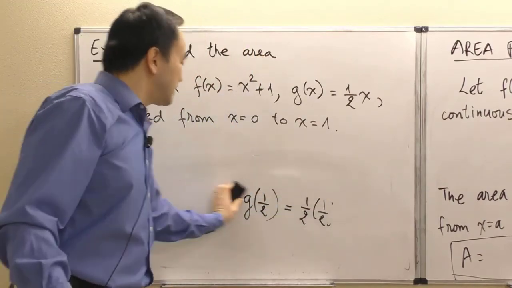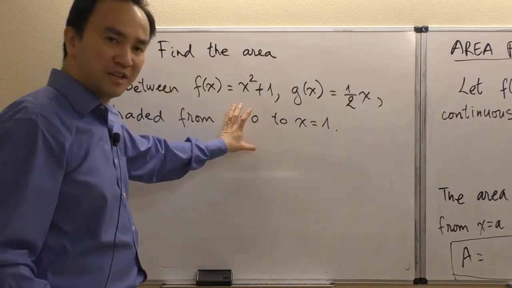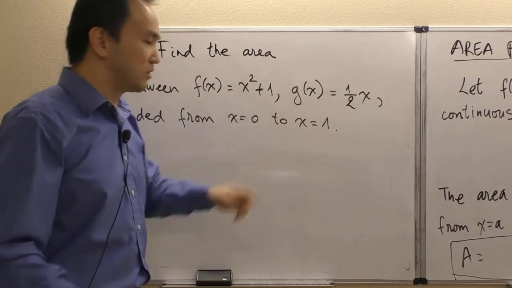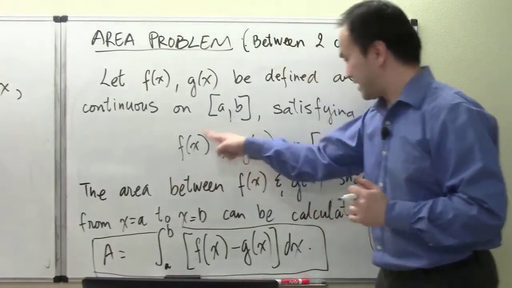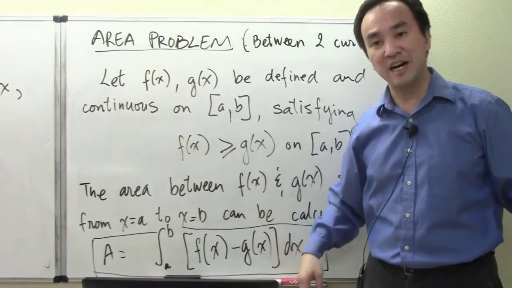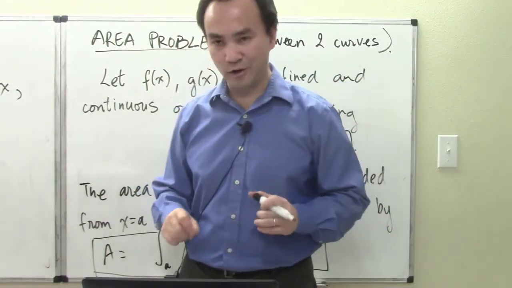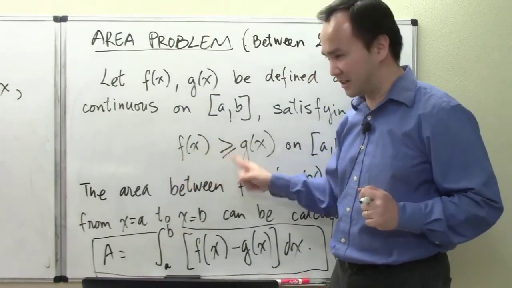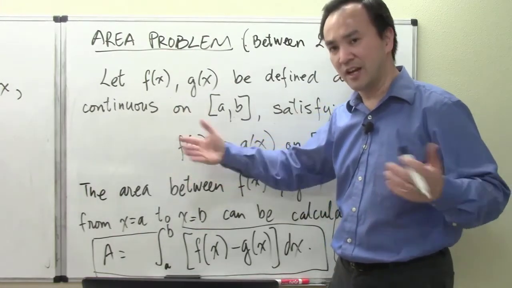The reason I mentioned this is because we're not only knowing that we need an area in between these two curves, from x equals 0 to x equals 1, but we also found out that one function is above the other one. And in our case here, yes, f of x is above g of x. So now we are ready for setting up our integrals. Without knowing this requirement, it will be hard to set up your integral correctly.